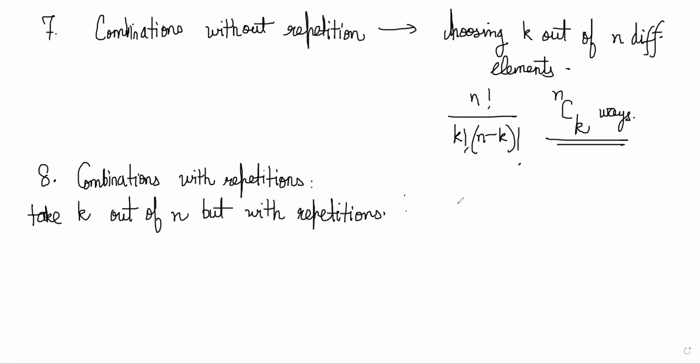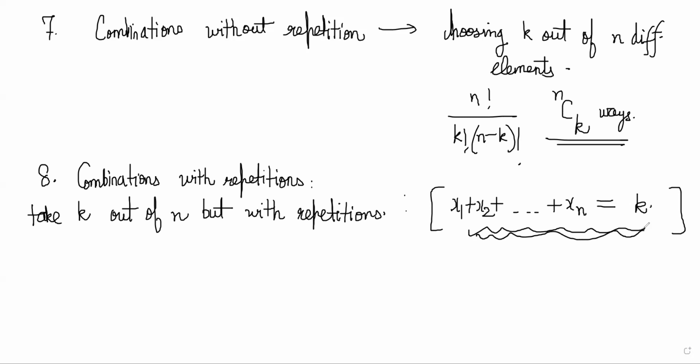That is equivalent to saying out of x1, x2, up to xn, these are the n things that are available to us, we have to select k out of them. That is equal to saying find the number of solutions of this equation. So solutions could be zero. Some of the variables could be zero also. So these are non-negative integer solutions of this equation.